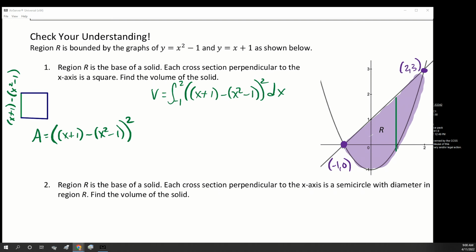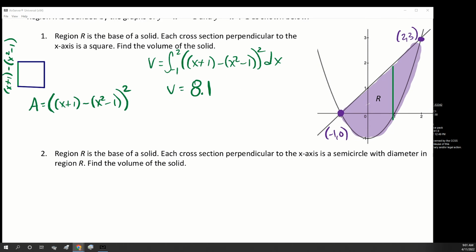Now, this is one that we could do without a calculator. It would be very tedious because you'd have to square a trinomial. But we're just going to let the calculator do it because I don't want to spend the whole class period doing tedious things. If you type it in, you get 8.1. Right, let's look at the next one.